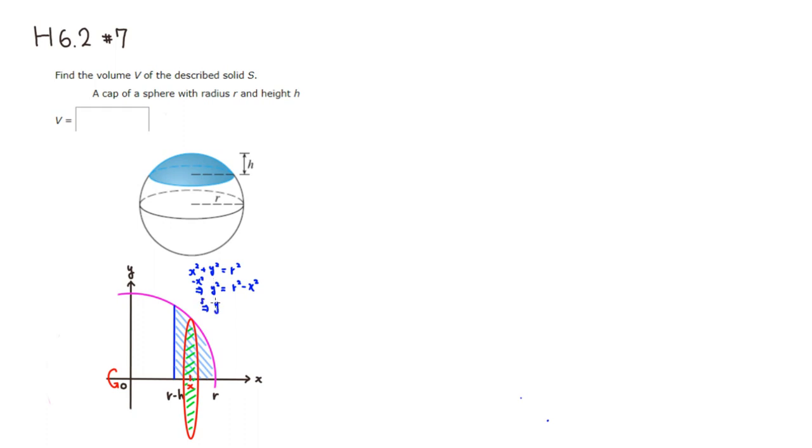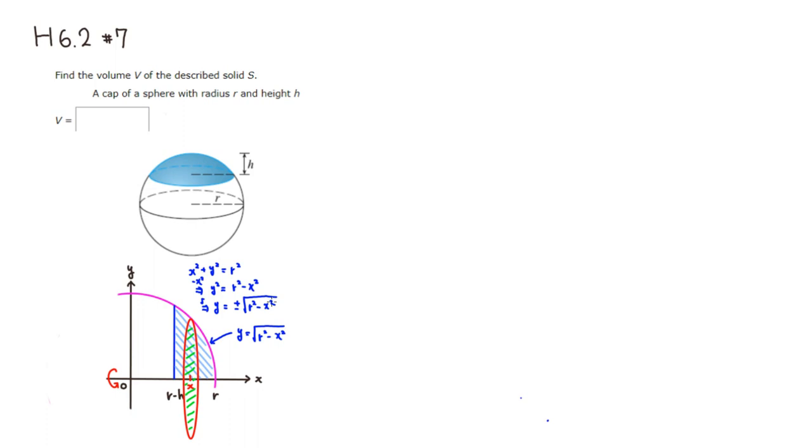So y is equal to plus or minus the square root of r squared minus x squared. The equation of the top semicircle is y equals the square root of r squared minus x squared.